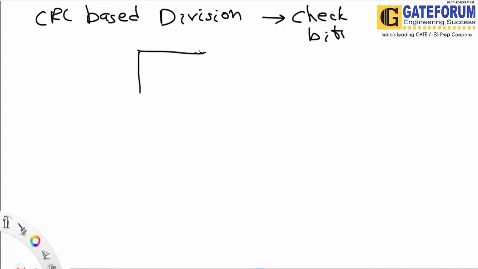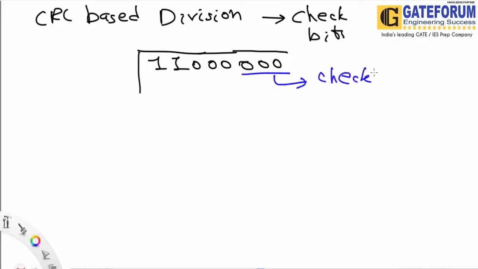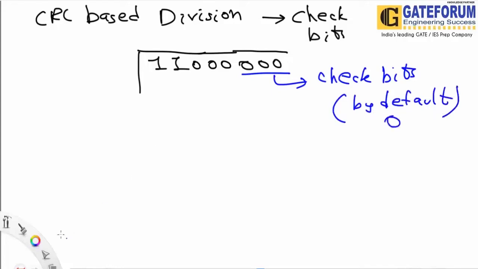The message is 11000, and these three are the check bits, which by default we give as 0 initially. Okay, this is by default 0.